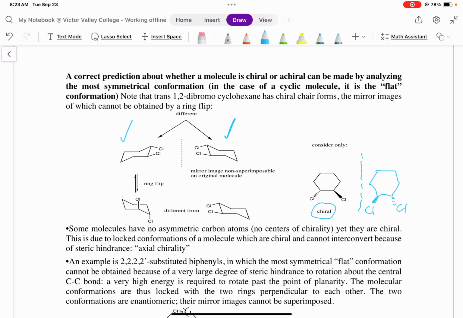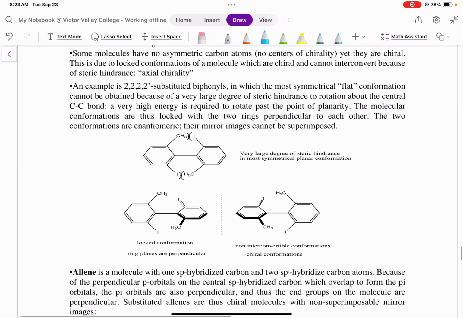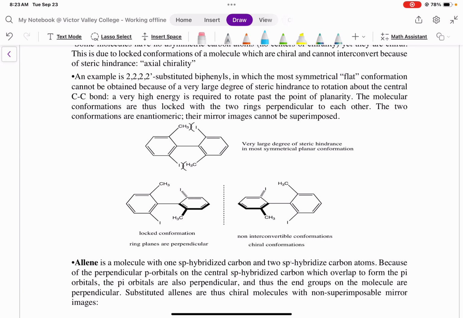Okay, now we do have compounds that are chiral but have no chiral carbon.